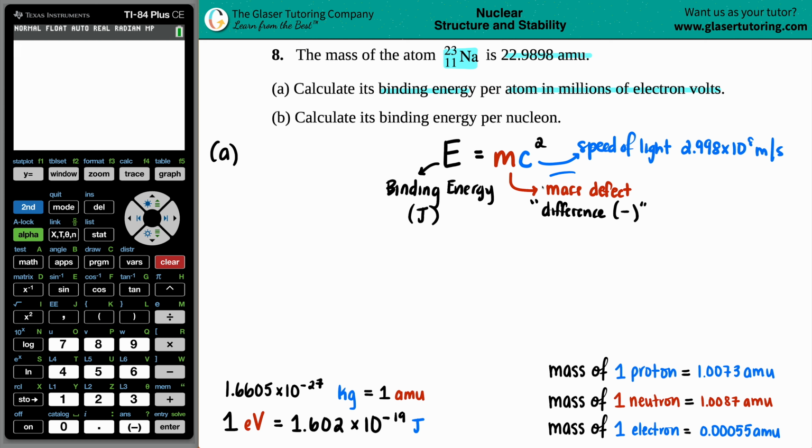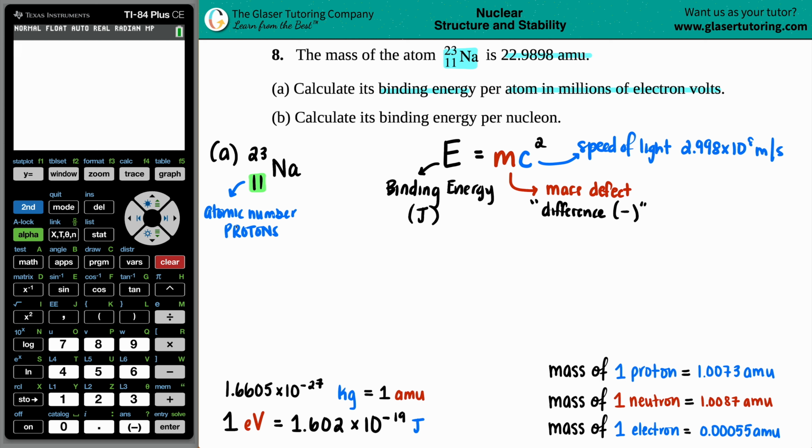So we first have to find that mass defect. We already know the actual mass; now we need the theoretical mass in AMU. That comes from knowing how many protons, neutrons, and electrons we have in sodium. We have a 23 on top, an 11 on the bottom, and it's sodium. Always remember that the lower number is the atomic number, which is the number of protons.